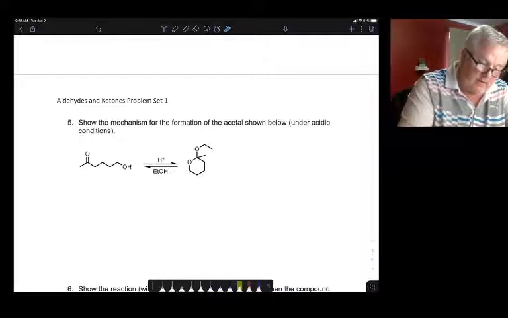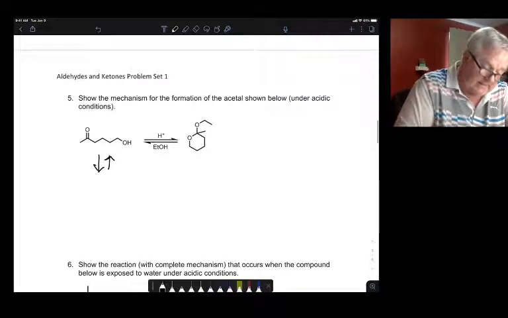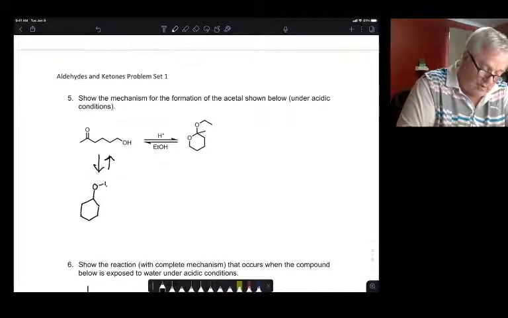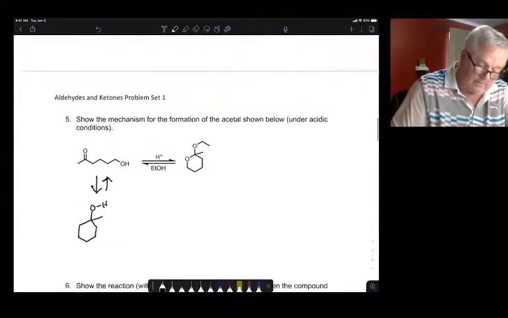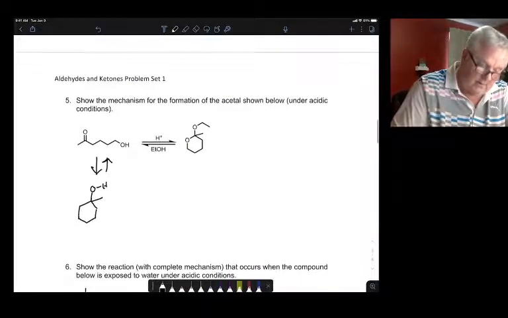So now I am going to take a shortcut. The mechanism is exactly the same to get to this point where we have our OH and our methyl group. Oops.